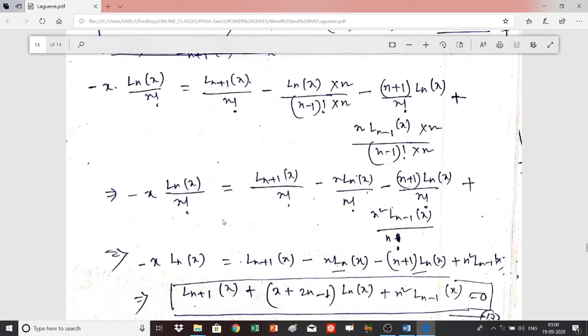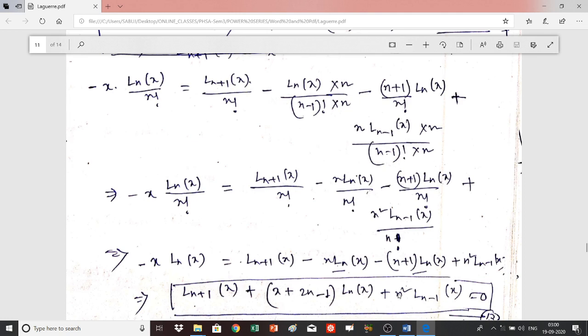And after all these calculations, you will get this line: minus x L_n x, that is n plus x minus n into L_n x, and minus n plus 1 L_n x plus n square L_{n-1} x. And from this relation, just simplify, and this will give you. But here is a mistake. This plus n will be a minus sign. So this is here, and then x minus 2n minus 1. Here will be a minus sign.